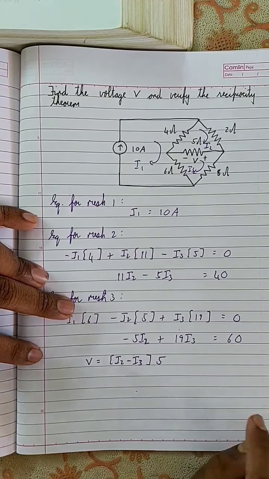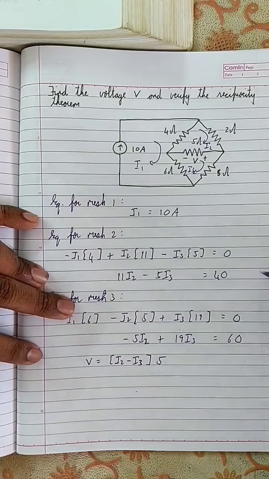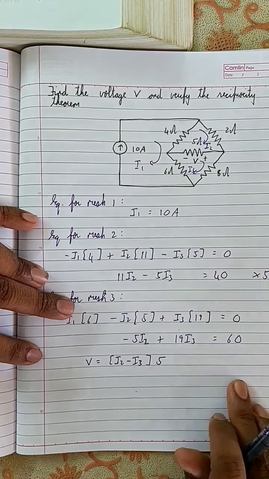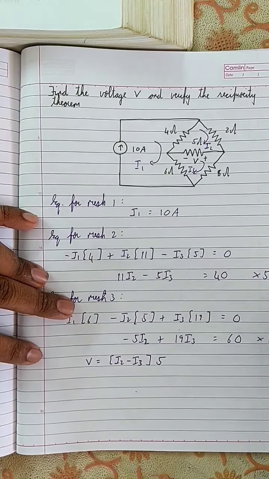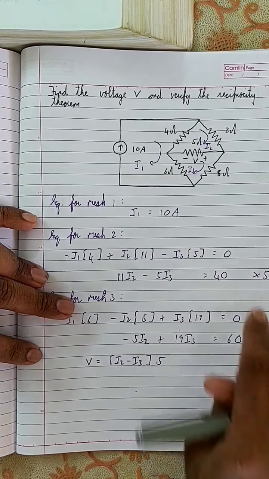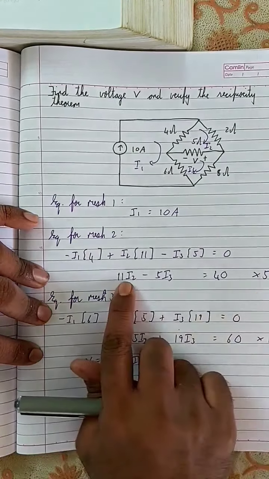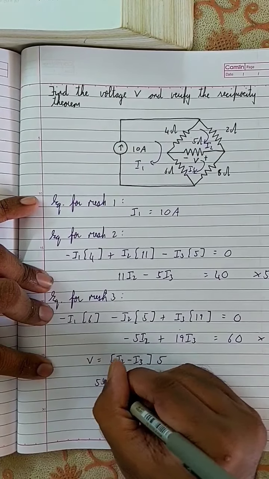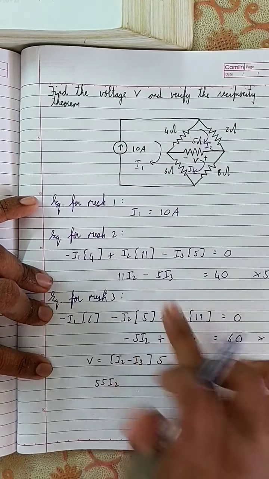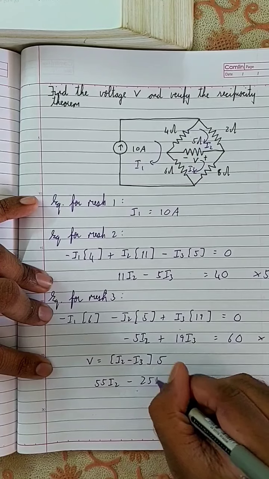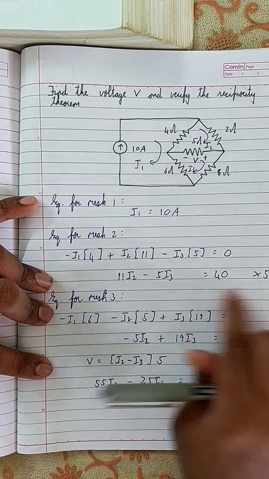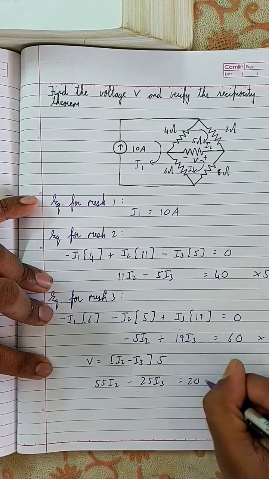How will I solve it? One way is to multiply this equation by 5 and this equation by 11, because in that case these two terms will cancel each other. So this becomes 55I2 minus 25I3 is equal to 40 into 5, which is 200.